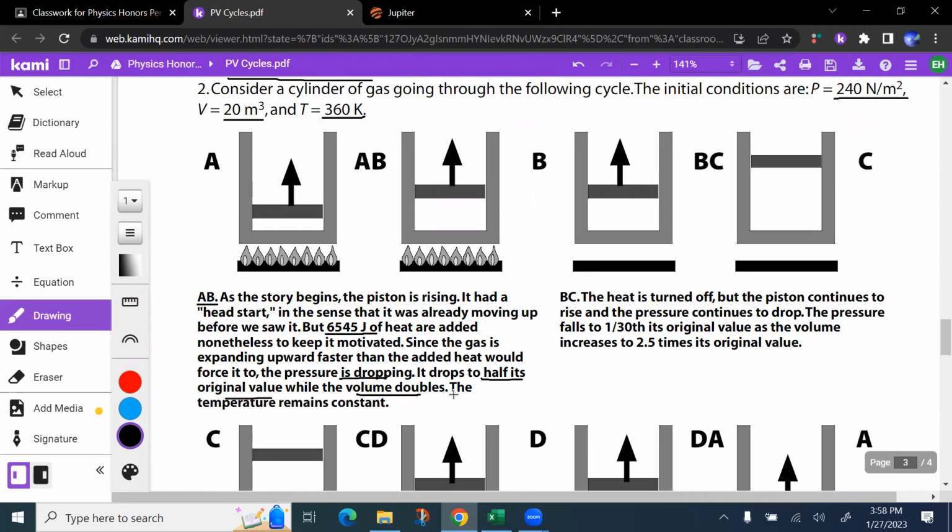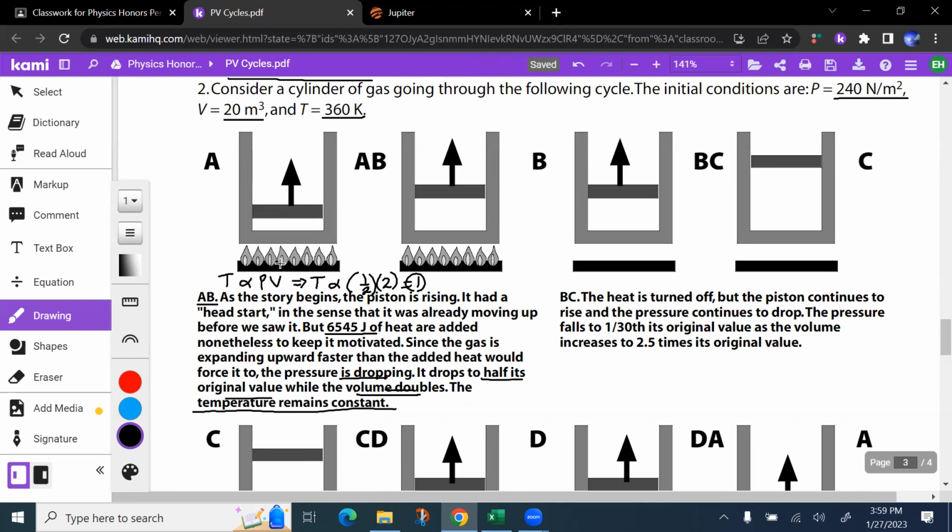The temperature remains constant. Remember, ladies and gentlemen, temperature is proportional to the pressure times the volume. Well, the pressure is cutting in half. The volume is doubling, right? We get a temperature coefficient of 1. What that means is the temperature doesn't change. And that's exactly what it says here. The temperature doesn't change or remains constant.